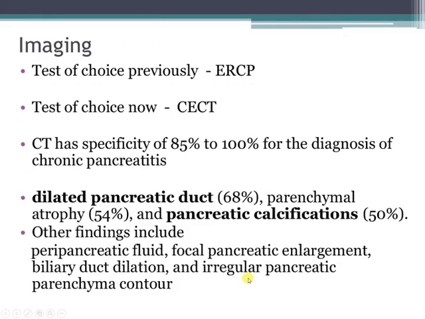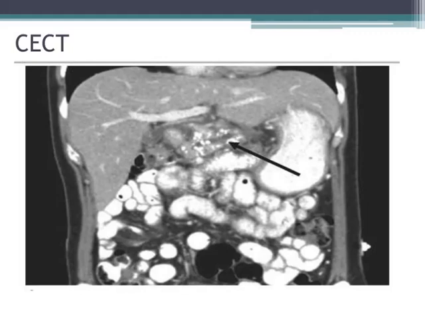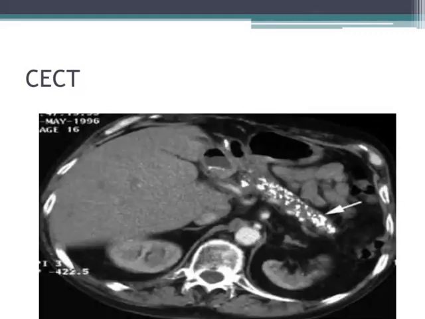For imaging, CT scan, MRI, and ultrasound examination can be used. On this picture you can see a lot of calcifications inside of the pancreas.